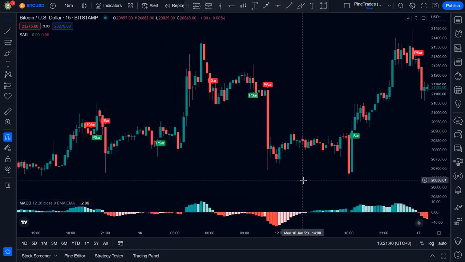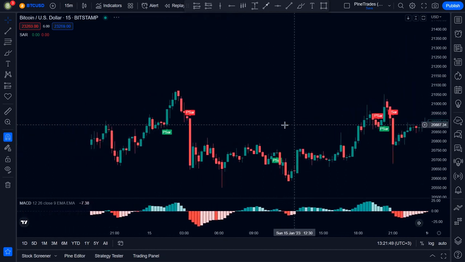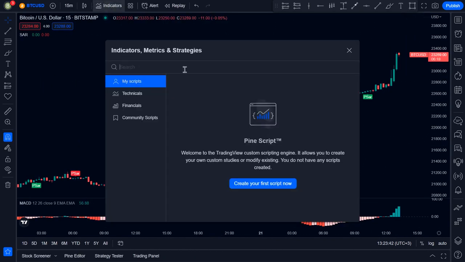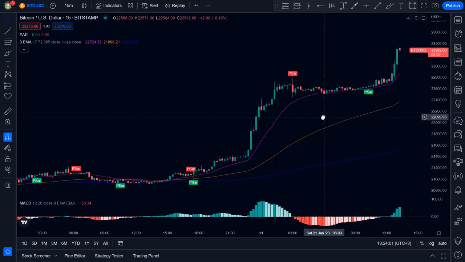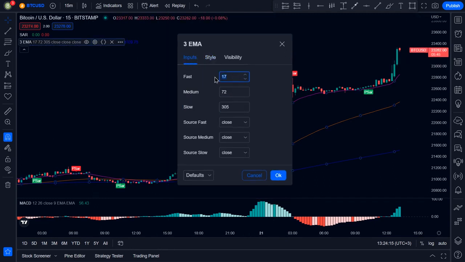Now this chart setup looks decent, but it can be a lot better if we added a trend confirmation indicator. Let's do that. On the Indicators tab, search for 3 moving average exponential, and it's gonna be this one right here. Again, we're gonna access this indicator settings by clicking right here. On the Inputs tab, change the fast length to 50, medium length to 100, and slow length to 200.